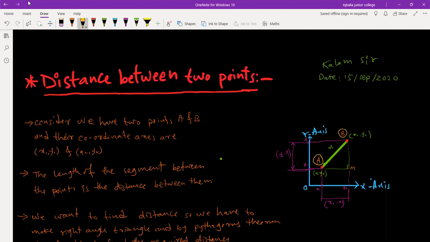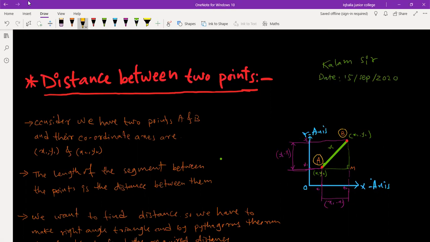So consider we have 2 points A and B, and point A's coordinate is x1, y1, and point B's coordinate is x2, y2. Now I have to find the distance between these 2 points.